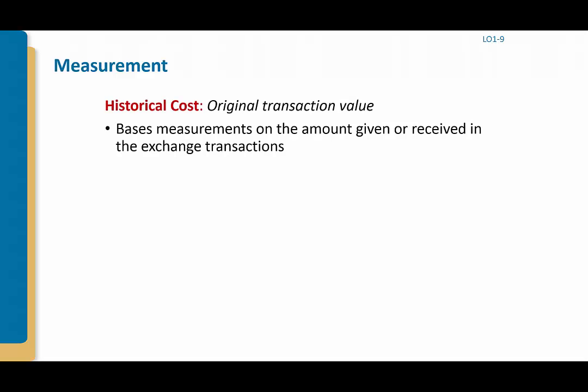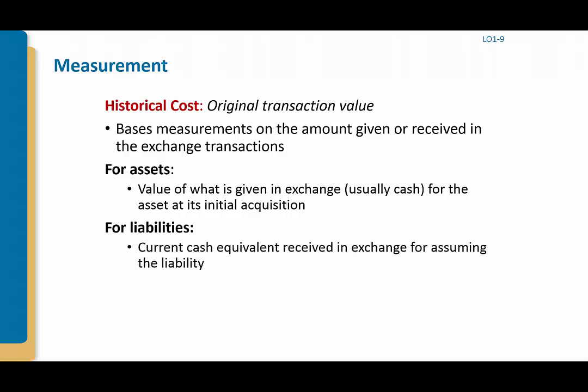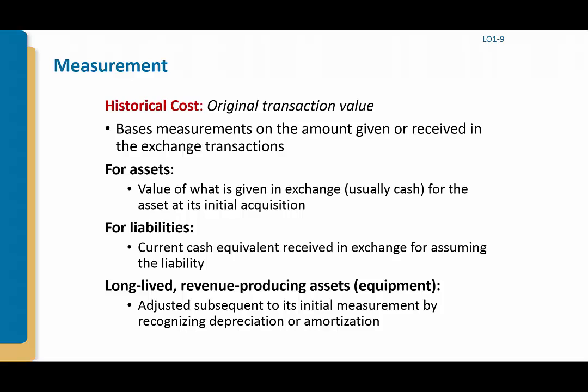Historical cost is basically your original transaction value. So pretty much what you pay, you get. And same thing for liabilities. If you have a long-lived revenue-producing asset like production equipment, autos, or buildings, then you can depreciate them. Remember, depreciation is for tangible assets and amortization is for intangible assets.